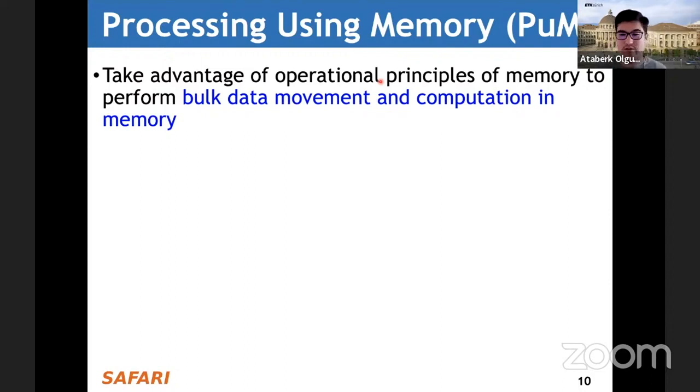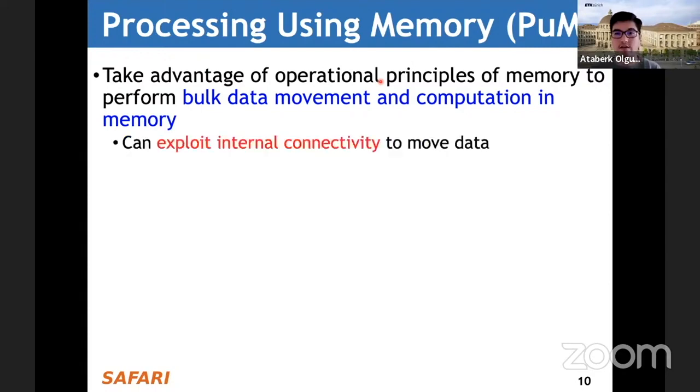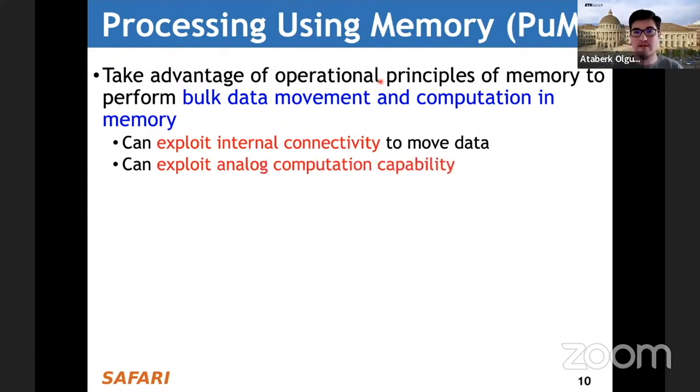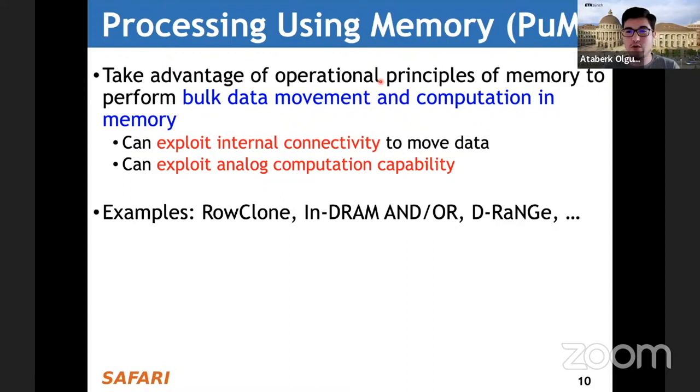In the previous slides, we saw how DRAM cells are connected to the sense amplifiers, and internal connectivity means that there is some way to move data inside the DRAM chip from one location to another location. And these techniques can exploit analog computation capability. Examples are RowClone for internal connectivity, and for analog computation capability, in-DRAM AND and OR operations or D-RaNGe to generate random numbers.